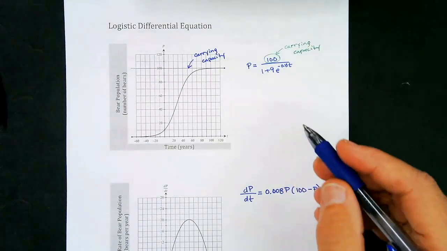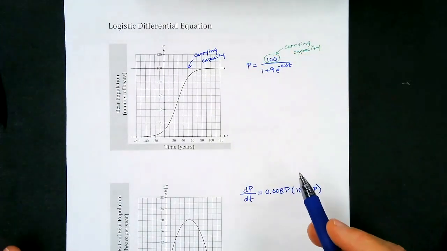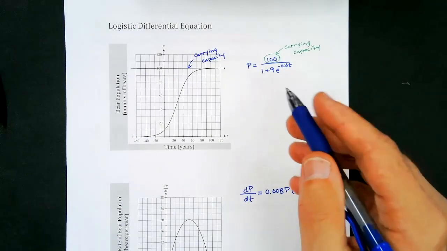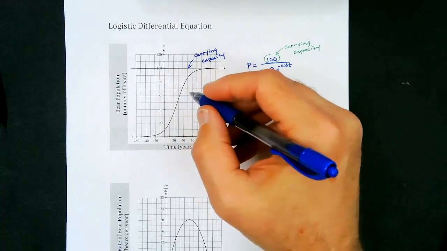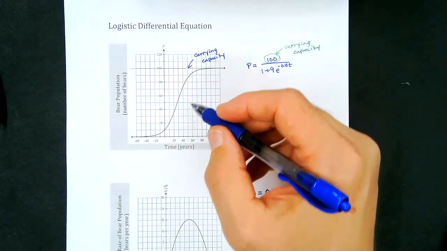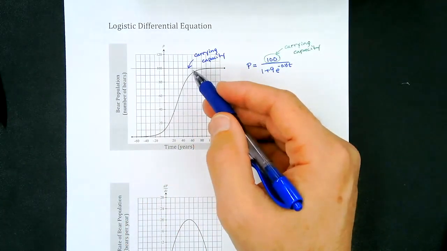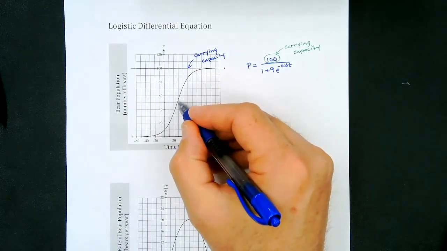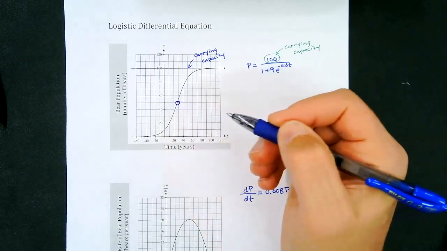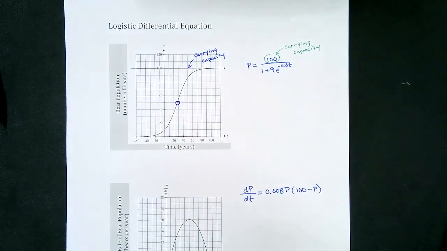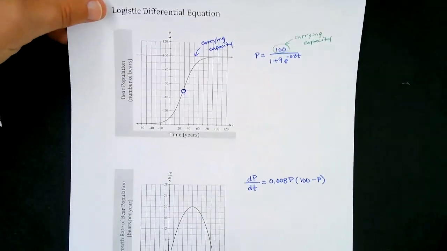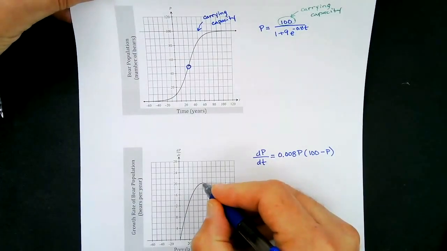If you look, when was the bear population growing the fastest? Well, on a logistic curve it's always going to happen halfway between 0 and the carrying capacity. So that would be at 50. That is right here, and that's when the maximum growth happens. That also shows up on the differential equation as a maximum right here.